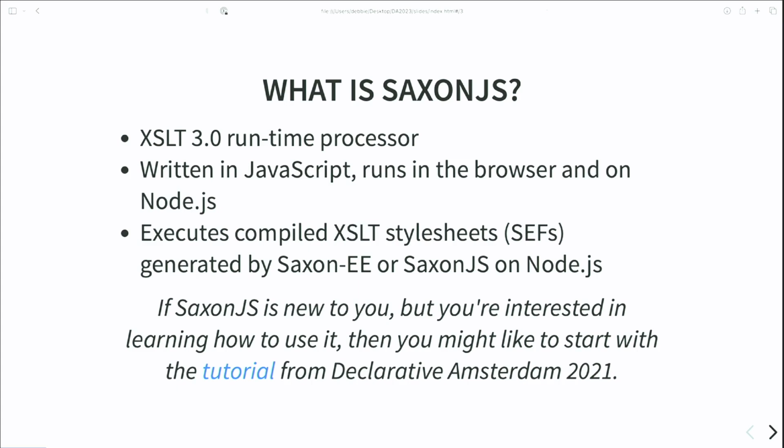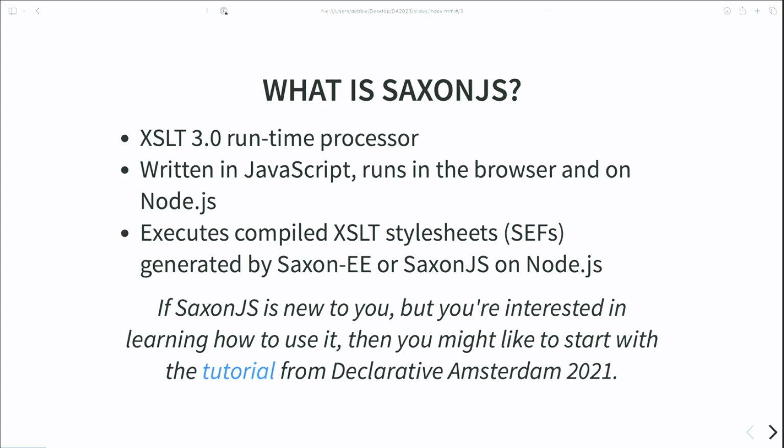And it runs XSLT by executing a compiled form of your XSLT style sheet called an SEF, which can be either generated by the Saxon EE product or by SaxonJS running on Node. And so you export to that compiled form.